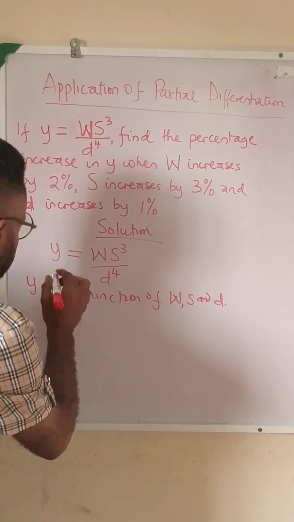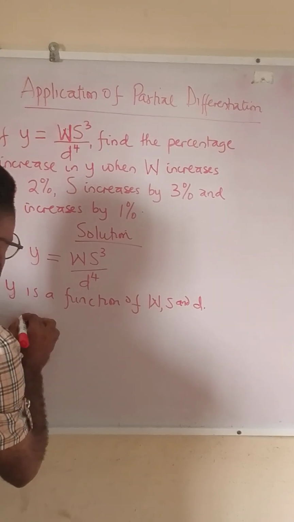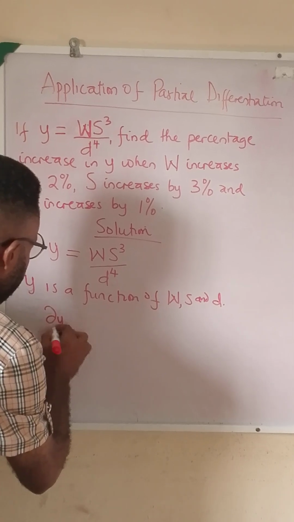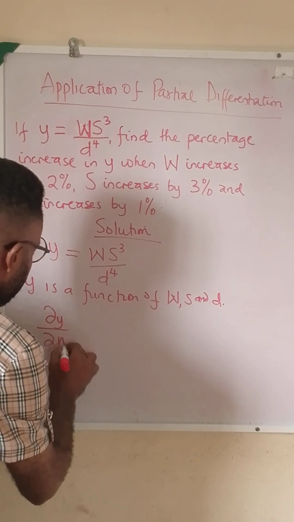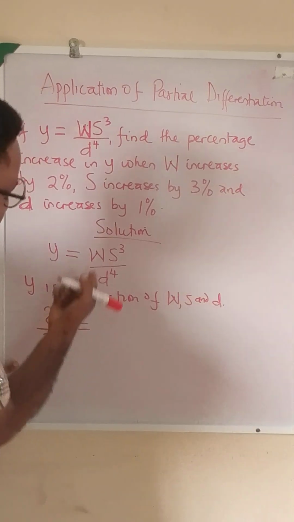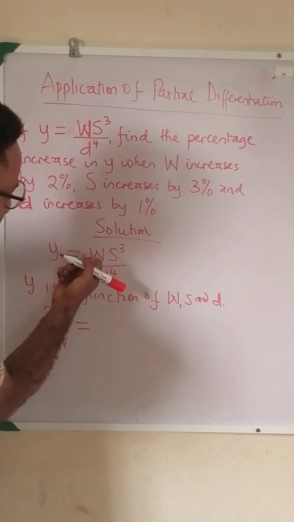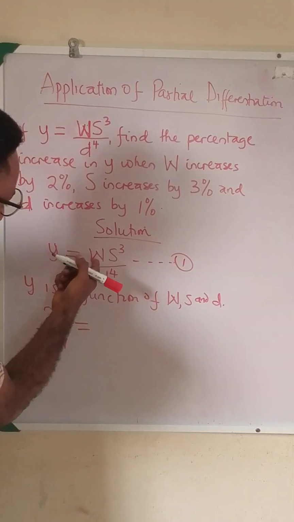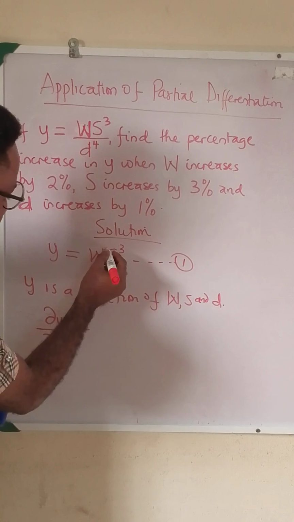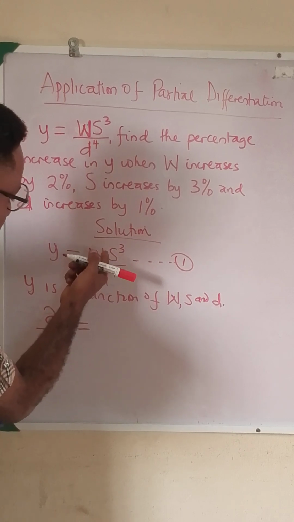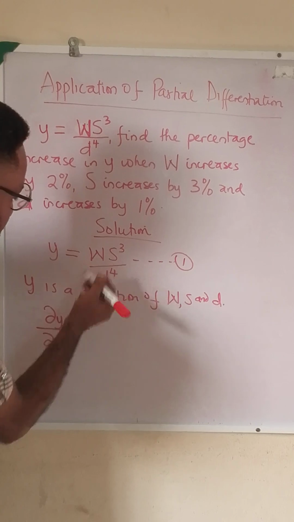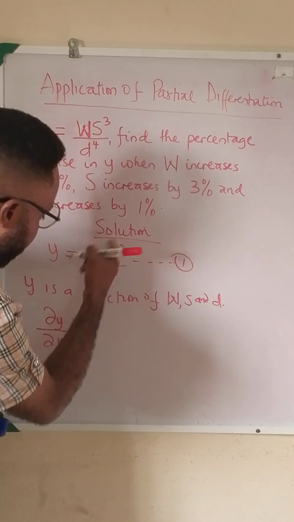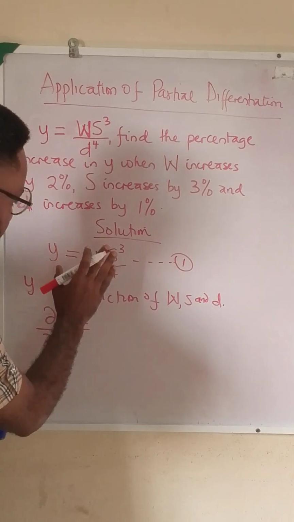So the first one: if we differentiate y partially with respect to w at this point, let's call this equation 1. So we differentiate y with respect to w, and this is 1 times 1, because we are considering only w, so every other thing will be kept constant.